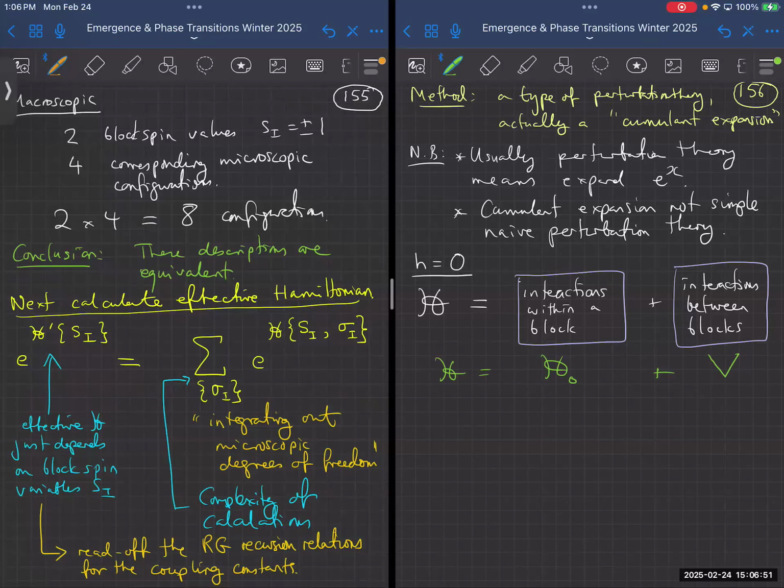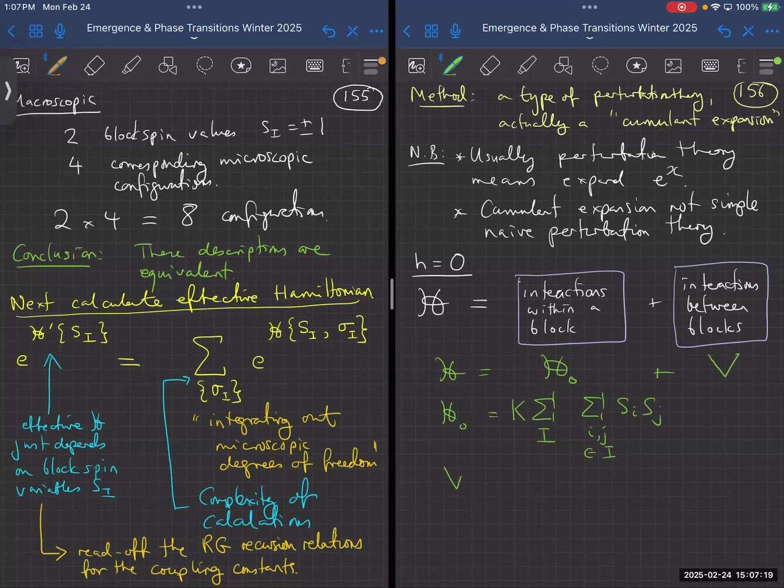H naught is just the sum over every single block I, and then I sum over spins i and j within the block I, and then I have the coupling constant k, and then si sj. So that's the Hamiltonian for the interactions within a block.